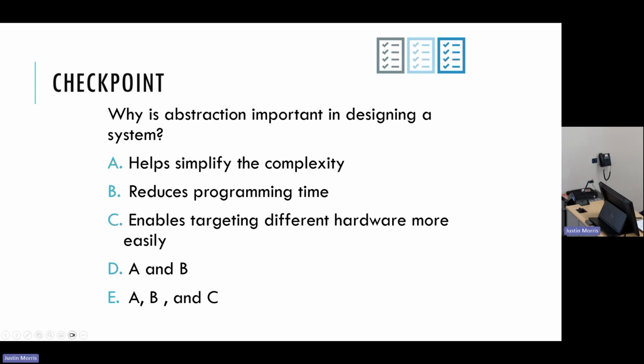Because now we can write programs at the high level with programming languages like C or Java, and we don't need to understand the underlying microarchitecture or the IC layouts or things like that. And it also makes it simpler as we don't need to write assembly code either.